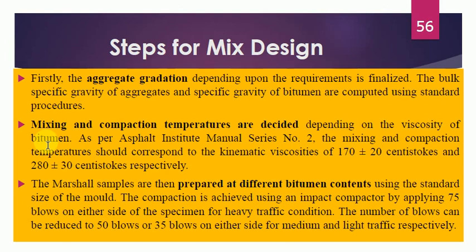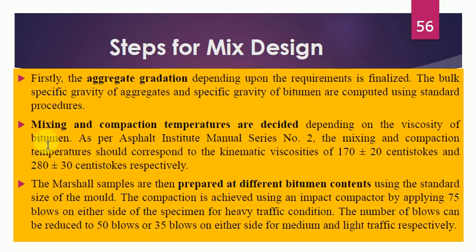Next, based on the selection of the quantity of bitumen, our aggregate samples are sorted. The total overall weight of the bituminous mix, that is aggregate as well as bitumen, is 1200 grams for the specimen that is used.